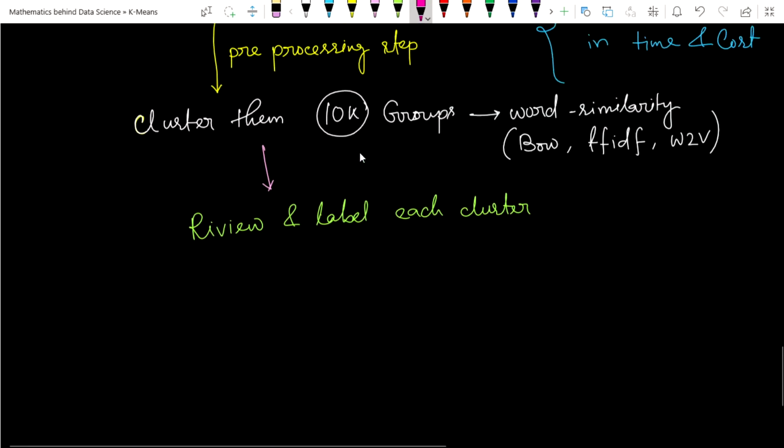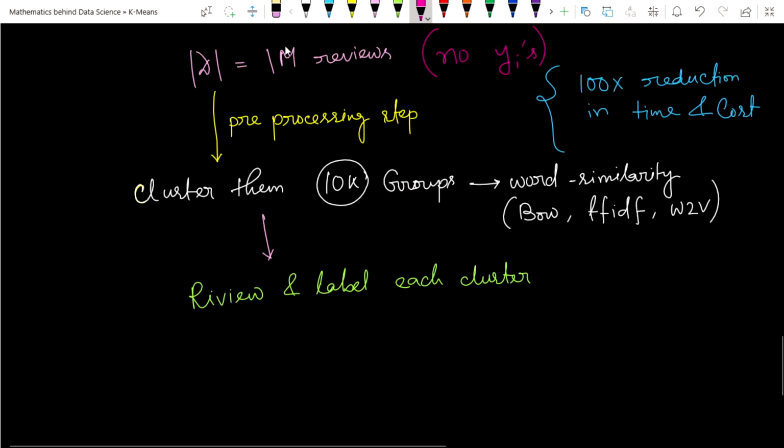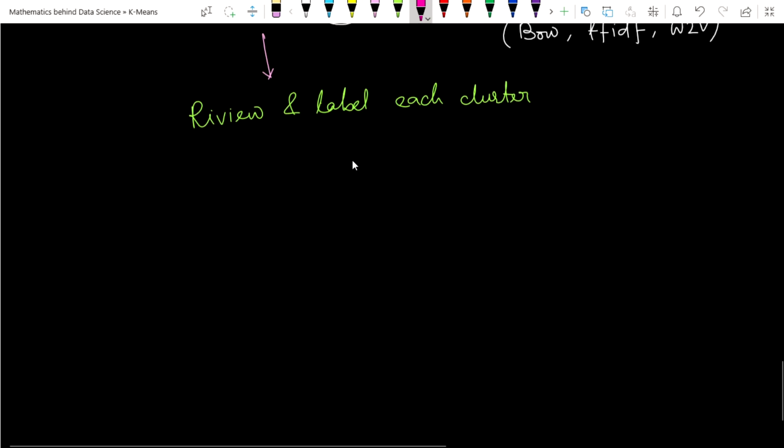How many clusters have we divided here? Using a sample of 1 million reviews, we have produced these things in 10K. So just read these things step by step. First, we have 1 million reviews.